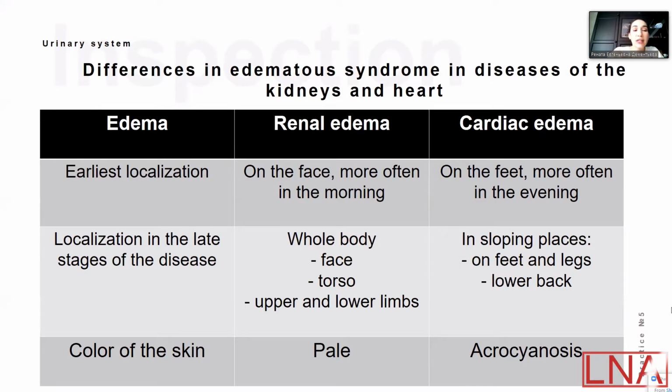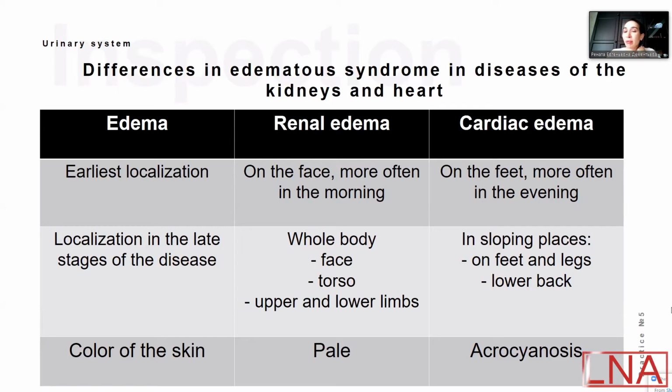Next, localization in the later stages of the disease. Renal edema goes to the whole body: face, thorax, lower extremities, upper extremities, depending on the level of hypoproteinemia.